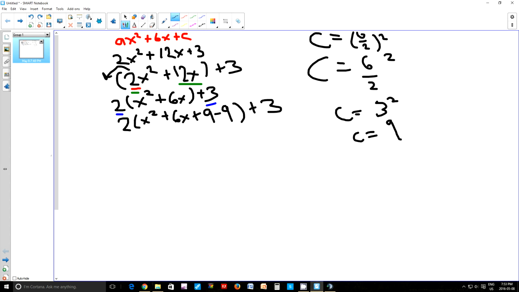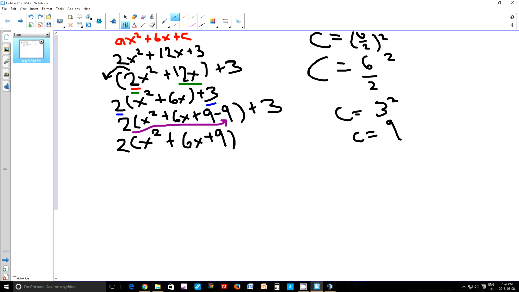To move this outside of the bracket, you're going to have to take this number, which comes before the bracket, and multiply it by this term to move it out. So, taking your 2, x squared plus 6x, leave the positive 9 as is inside the bracket. Now, what's 2 times negative 9? I mean multiply these two terms, 2 and negative 9, which is negative 18.